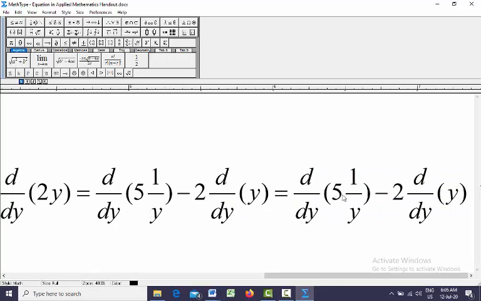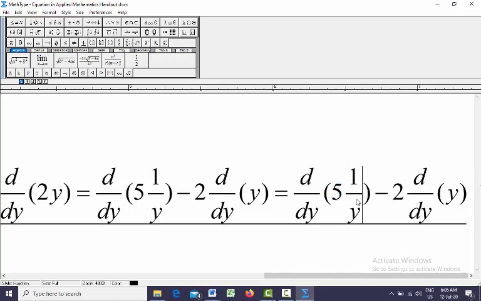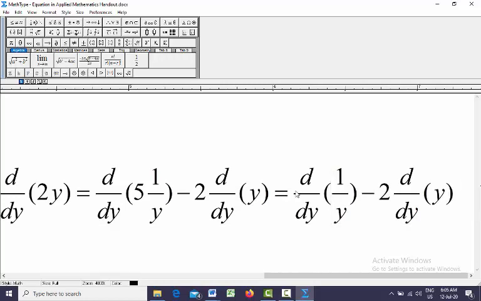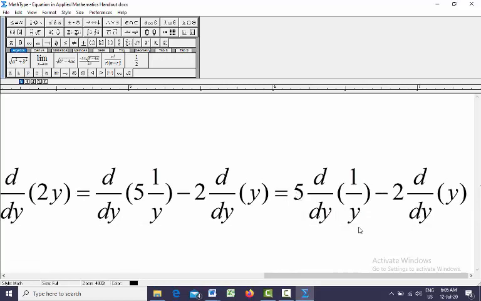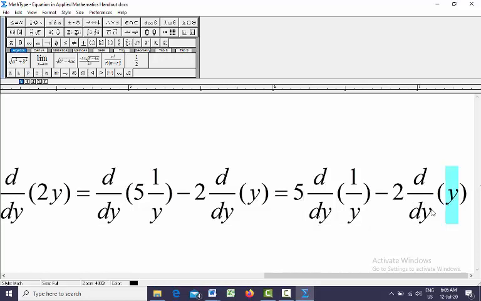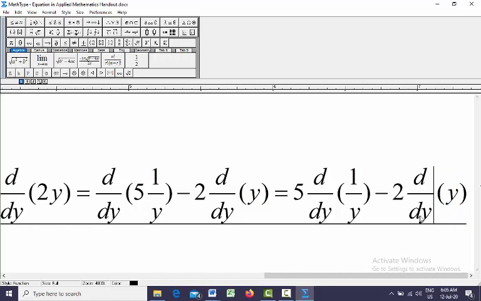As I said before, this 5 is in multiplication with this one, so this 5 is the coefficient. You need to bring this one outside. And differentiation of y with respect to y will always be 1.